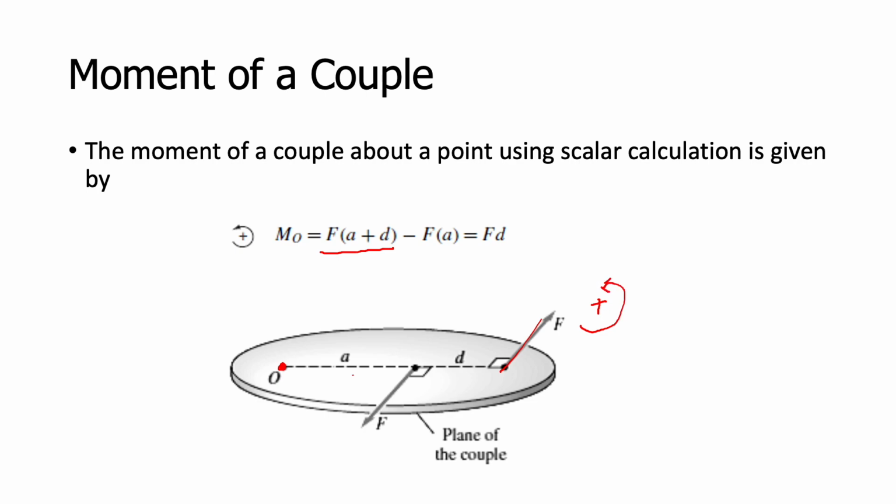While this force will create a moment that is negative since it will create a clockwise moment. So that is F times A, which is the distance from the point of application to this point of rotation.